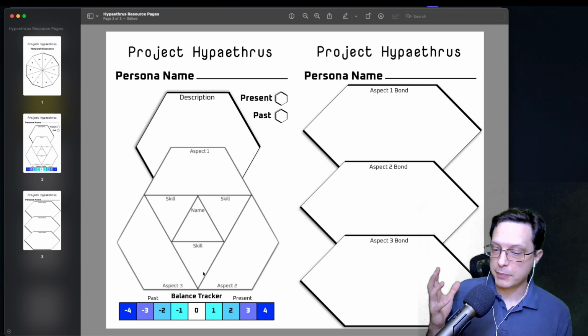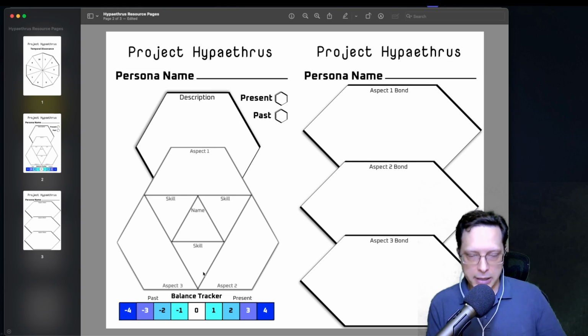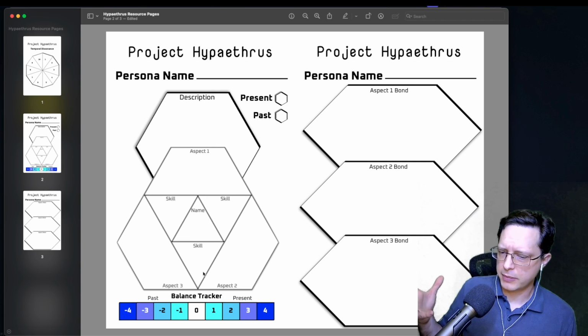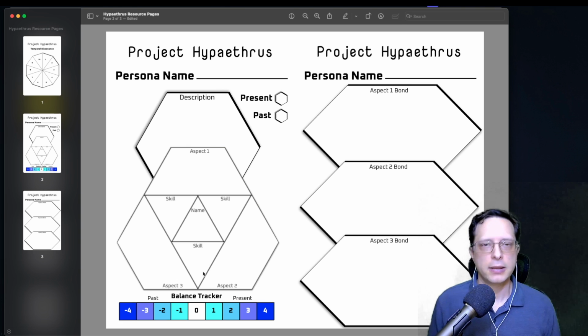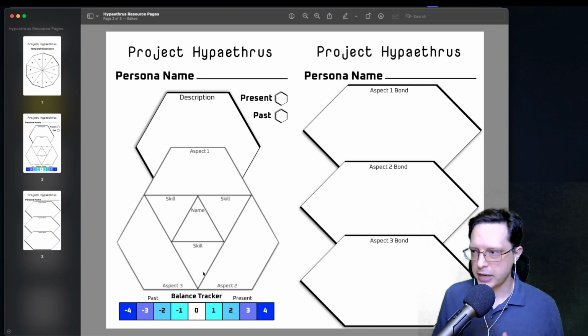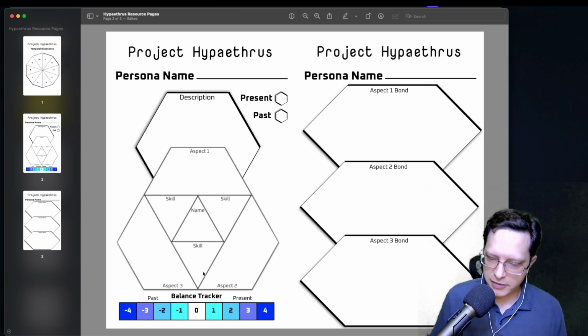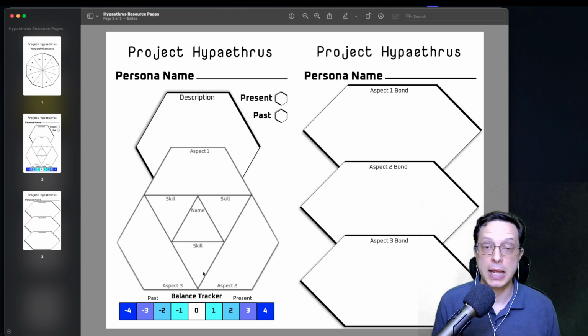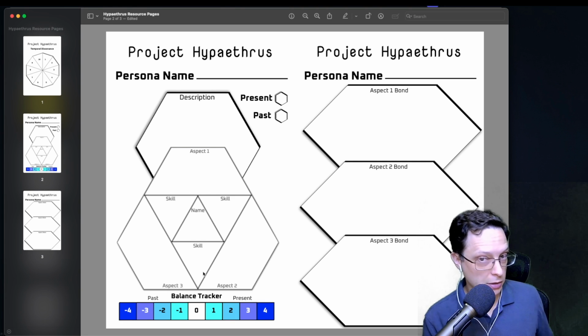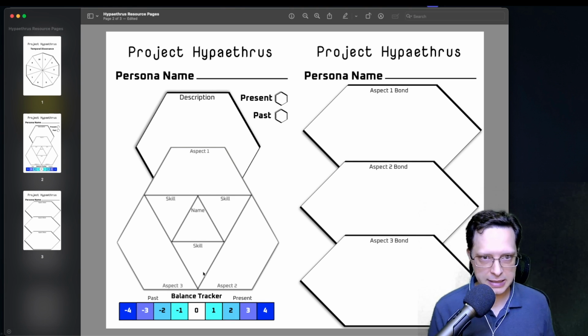So, for example, where we're a sailor, there was a person we had a close bond with, like our first captain. They were training us, they took us under their wing, they trained us to be an officer, all that kind of stuff. Maybe instead the bond is that we had a really bad relationship with the captain, and we quit being a sailor, completely abandoned that life and started doing something else instead.